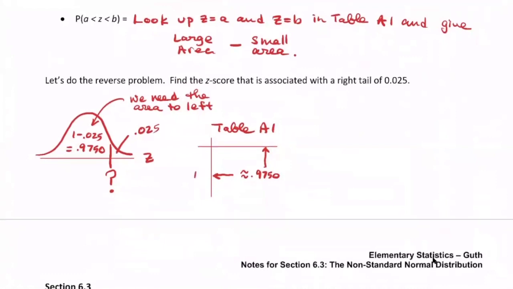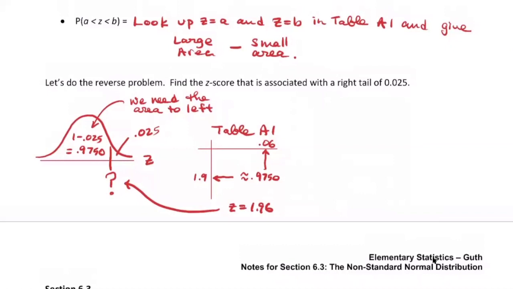You just find the closest thing you can to the probability they give you, 0.9750. So that tells us that z is 1.96, and that's the mystery z-score. Okay, so keep an eye open. There will be some problems like that in 6.2. Okay, any questions?